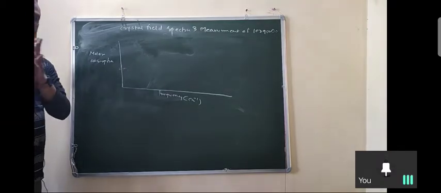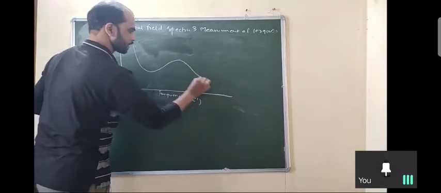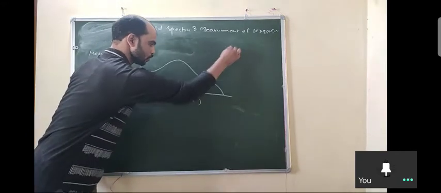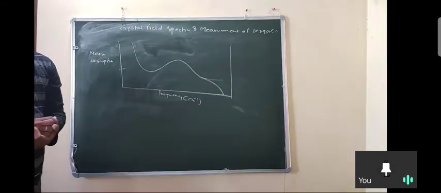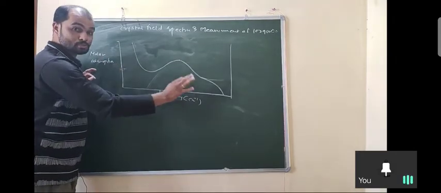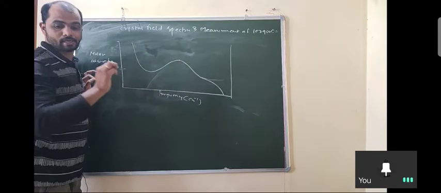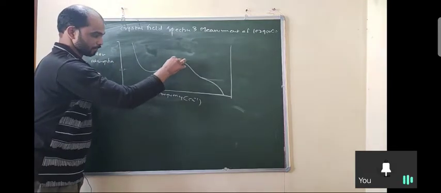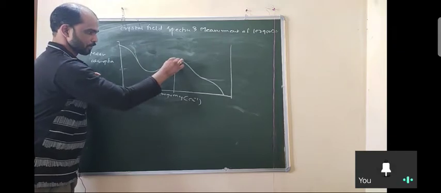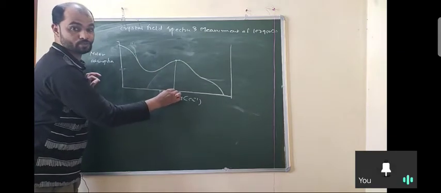Suppose for a particular point we get this type of spectra. What is the meaning of that? Here is the molar absorption. In the given spectra, one of the peaks is considered, the highest peak.